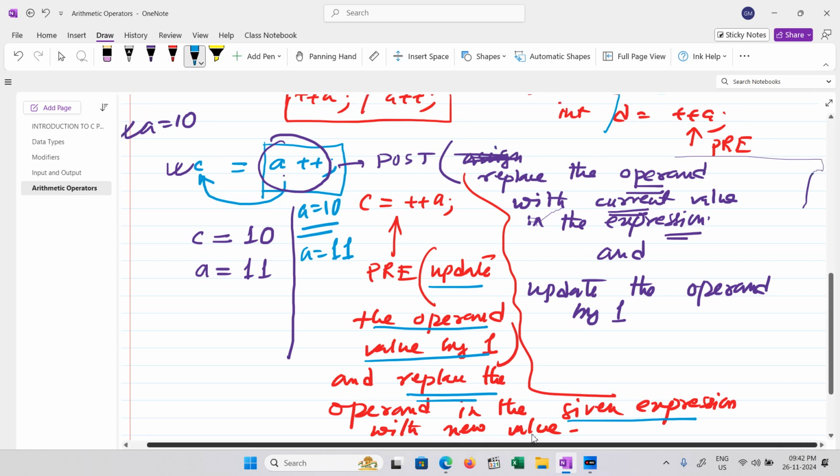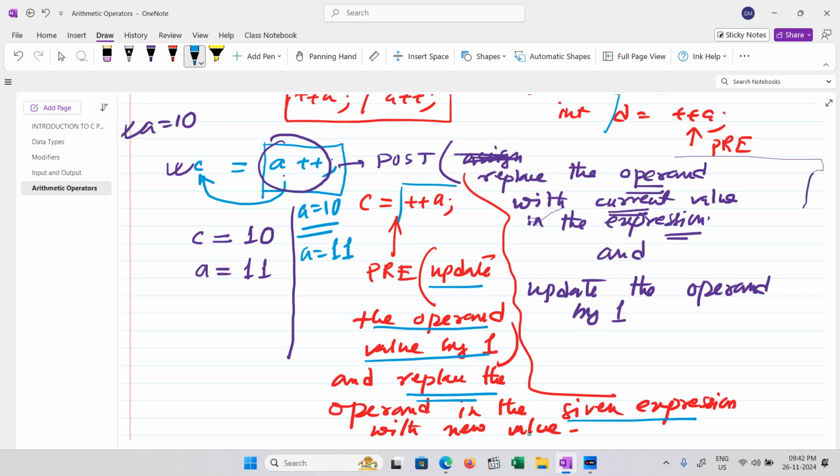So this expression will be replaced by its current value, which will be 11. So see, in case of post increment, c will get the old value of a, and in case of pre increment, c will get the new value of a. Okay, so I hope this part is clear.